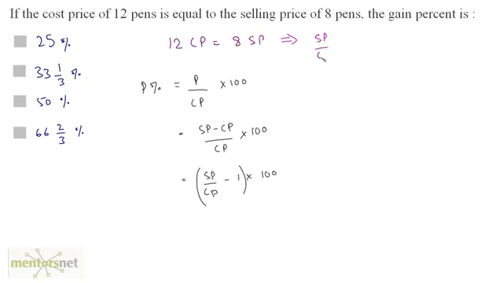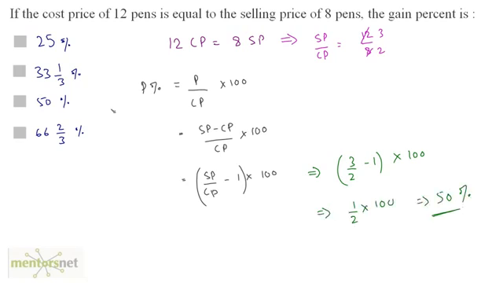Selling price upon cost price will be equal to 12 by 8, and that will be 3 by 2, dividing the numerator and denominator by 4. So this is equivalent to SP by CP, 3 by 2, minus 1 times 100, and that is 1 by 2 times 100, and that is 50%. So the profit percent is 50%.